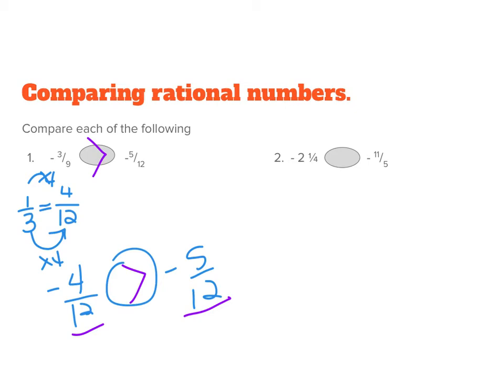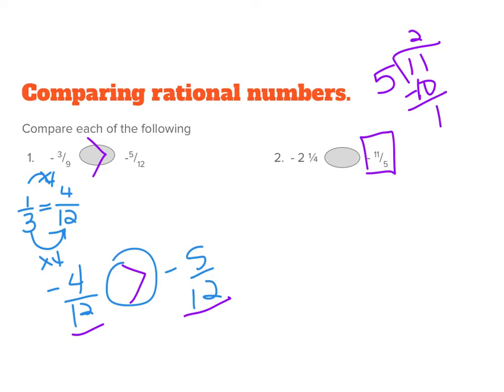So now in the second one, what I'm going to have you do, because I have an improper fraction, I want to change that to a mixed number. So let's go ahead and divide that. So we'll ignore the negative. So 11 divided by 5. So that's going to give you 2, which is 10. And then you subtract it and it's 1.